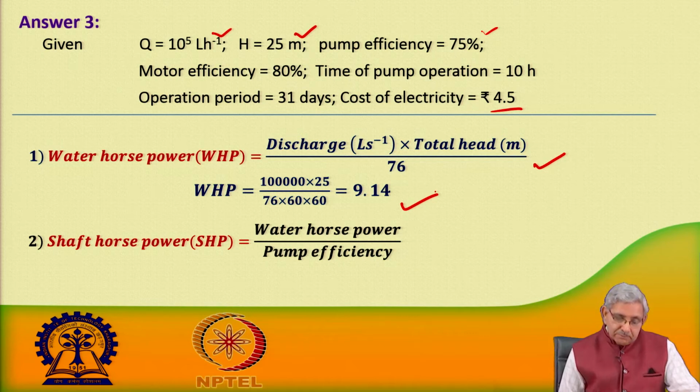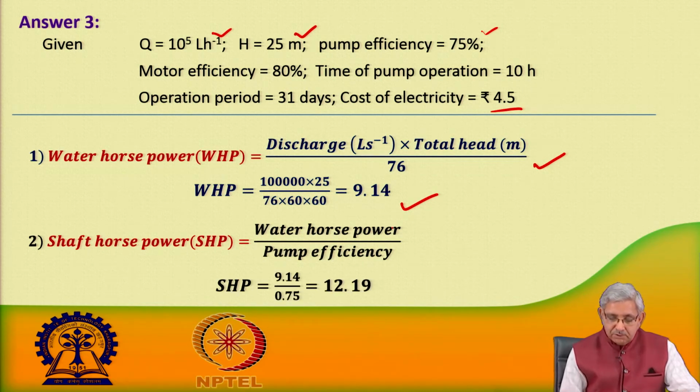Now, shaft horsepower is WHP divided by pump efficiency. Pump efficiency is given as 75% and WHP is 9.14. So, 9.14 divided by 0.75 gives the shaft horsepower, that is 12.19. It is a simple calculation.